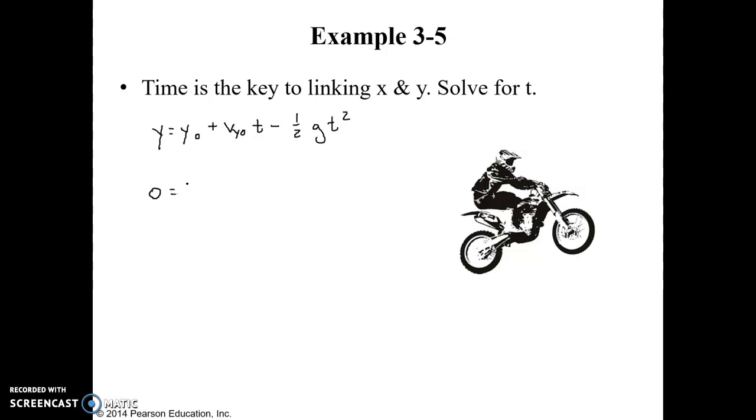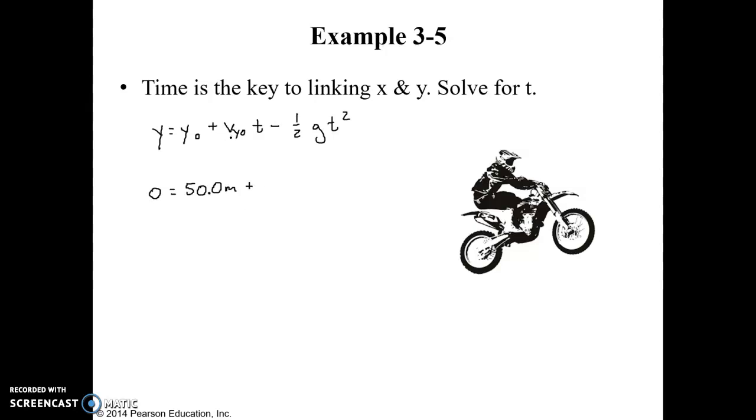The initial y position, 50 meters up in the air. And again, we could set this final as -50 and the original is 0, but I like to avoid negative numbers if I can. So we'll call the final position 0, the initial position 50.